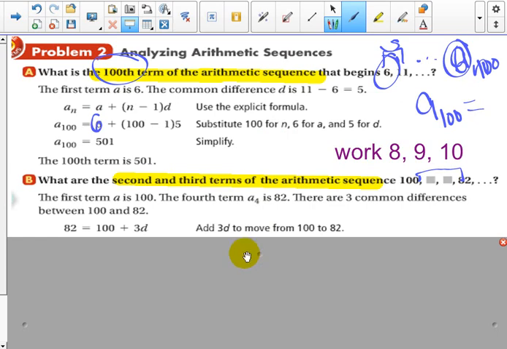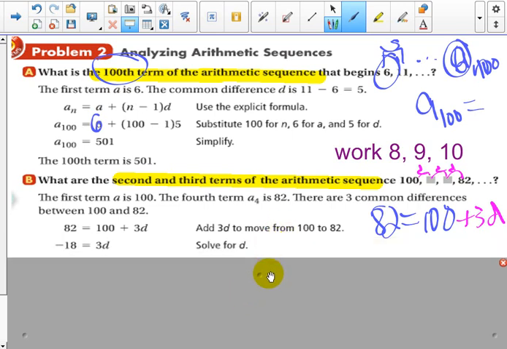We can say that 82 is equal to 100 plus 2 of the differences. Excuse me, 3 of the differences, because look, there's 2 boxes, so we need to get to that difference, and that difference. So there are 3 differences in here. So 82 is equal to 100 plus 3 of the differences.